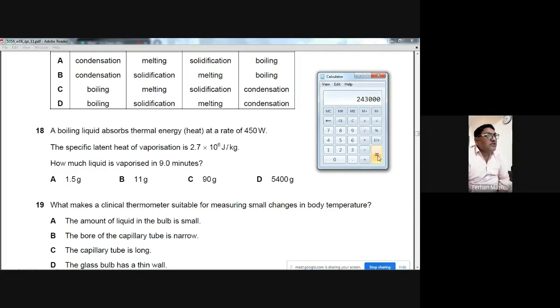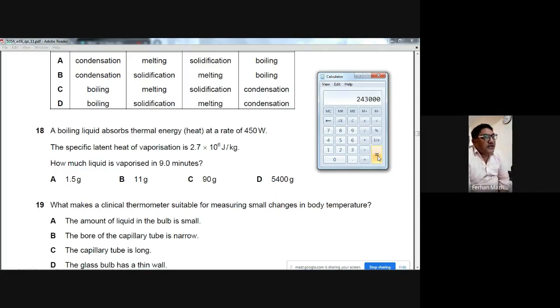During evaporation, the formula for the heat is equal to m l. The specific latent heat of vaporization is given to us, and the heat we already just calculated. So I want to find the value of m.